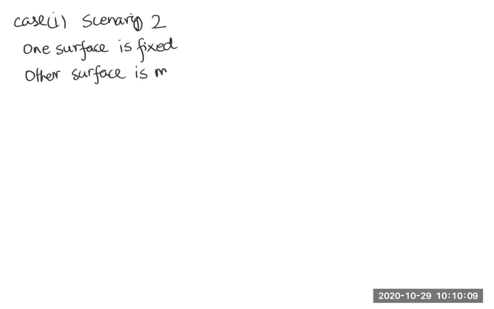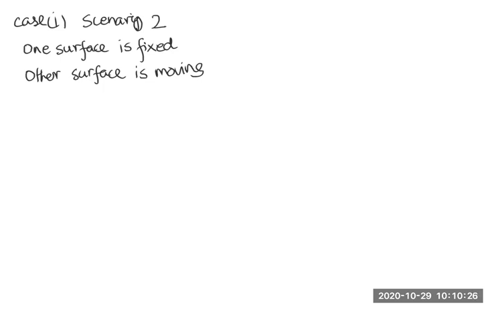So what will happen here? One surface is fixed, the other surface is moving. Right? Case 1, scenario 2.